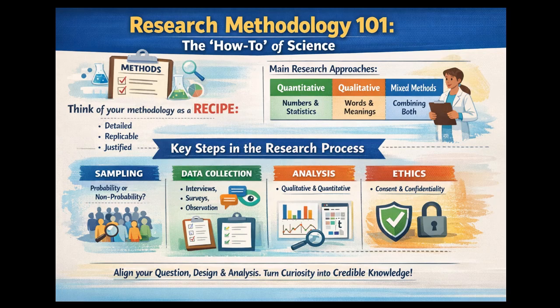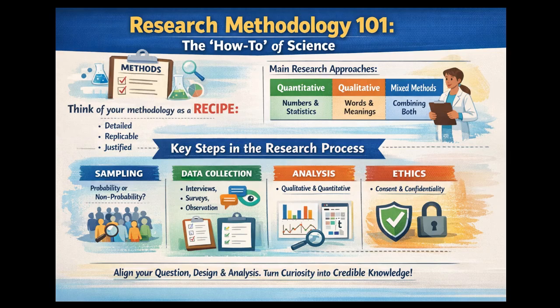Inferential statistics then allow researchers to test hypotheses, examine relationships, and assess whether results are statistically significant or likely due to chance. Importantly, analysis should always link back to the original research question, rather than becoming an exercise in numbers or themes for their own sake.